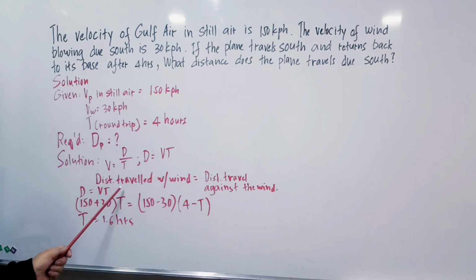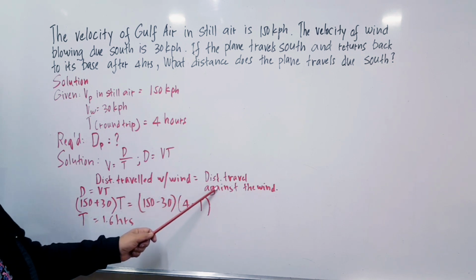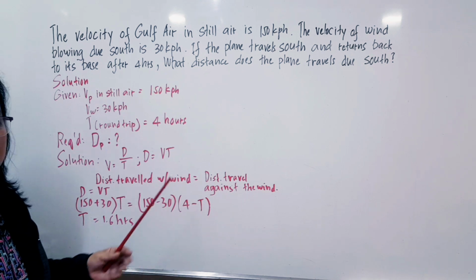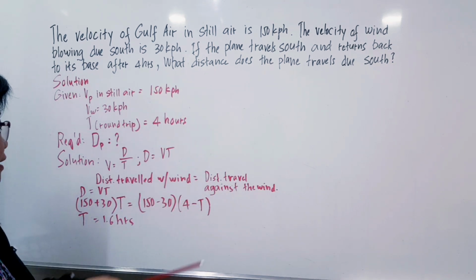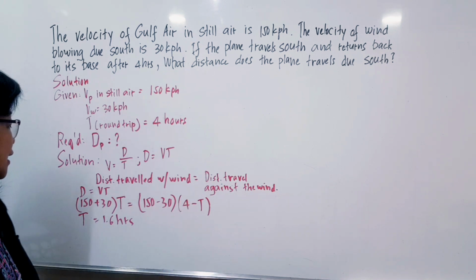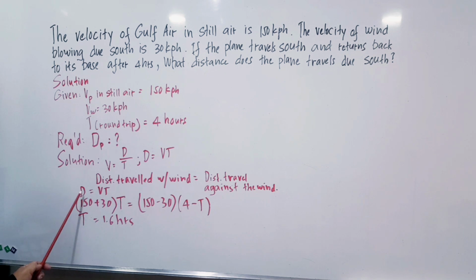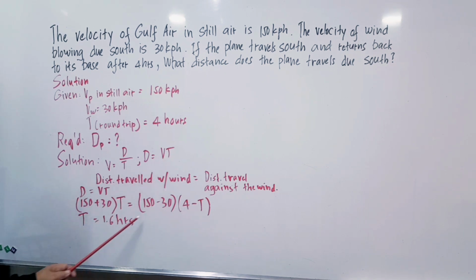Now, the distance traveled with wind is equal to the distance traveled against the wind. Kasi round trip, pabalik. So, same distance lang papunta at pabalik. With the wind and against the wind. So, therefore, using this formula, distance is equal to VT.